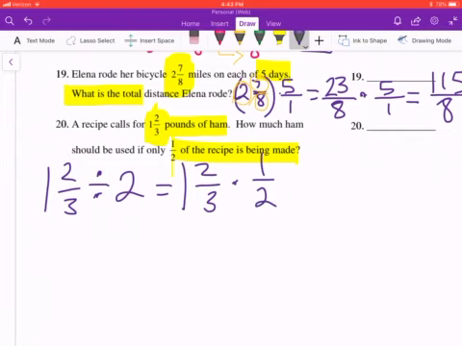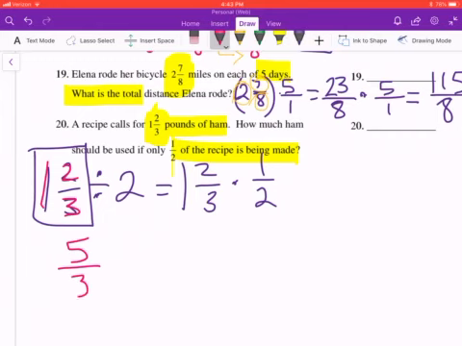So if we convert this fraction into improper, it will be 1 times 3, that's 3, plus 2, that will be 5, so 5/3. 5/3 divided by 2, or we may say 5/3 times the reciprocal of 2. So remember, we flip the numbers, so 1 over 2.